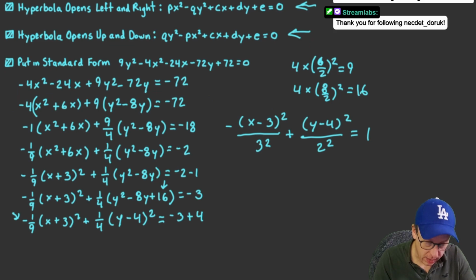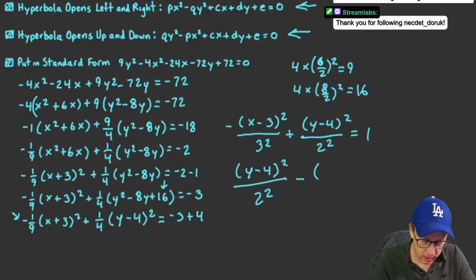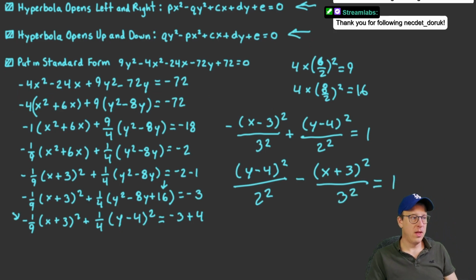Of course, we can simplify this further by taking the value on the right and moving it over to the left, and this is going to become (y - 4)^2 over 2 squared minus (x + 3)^2 over 3 squared, which is equal to 1. All right, there you go.